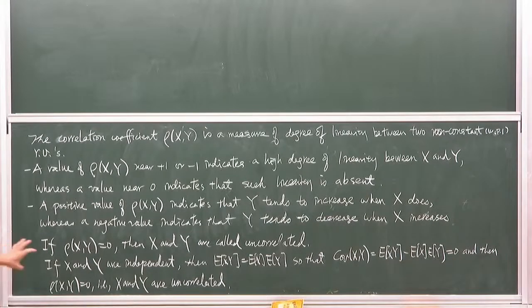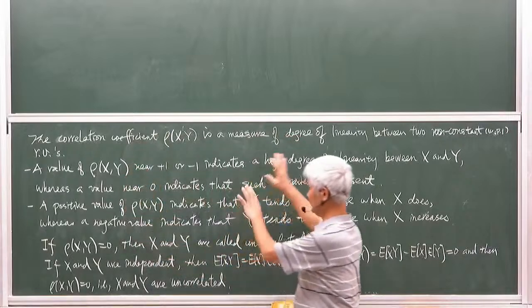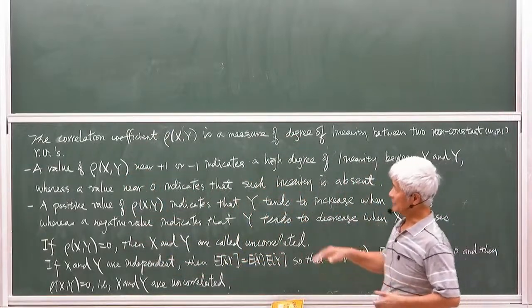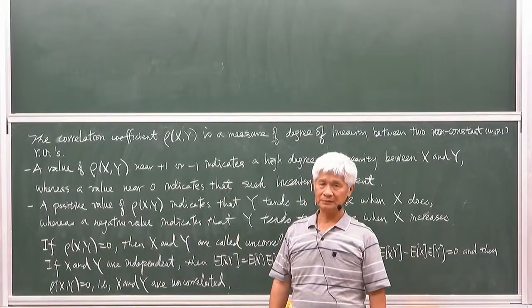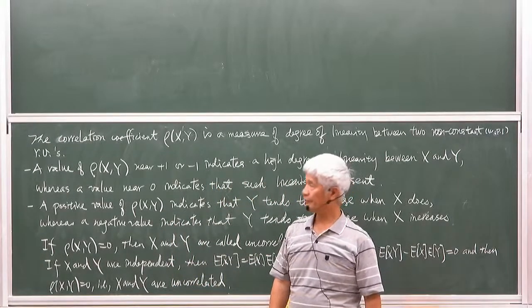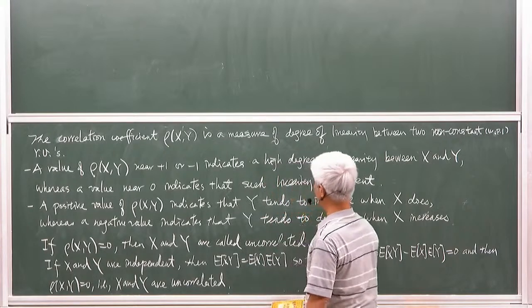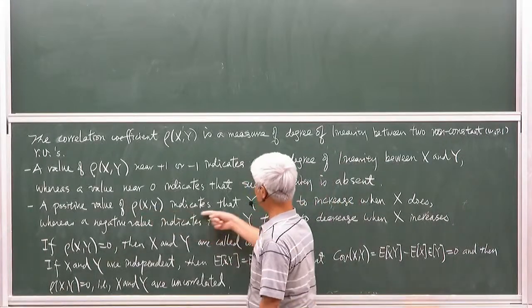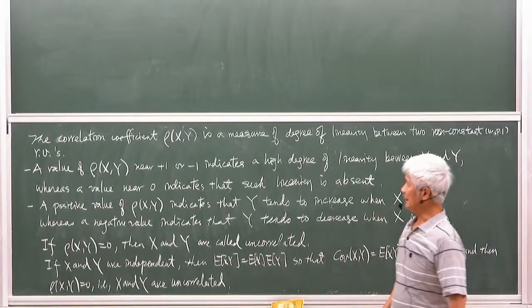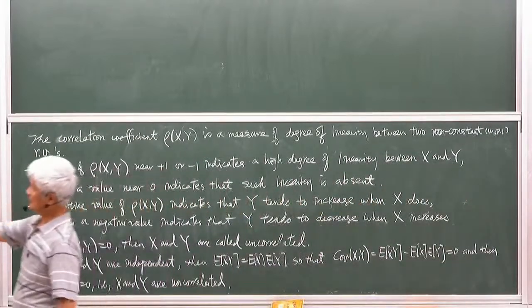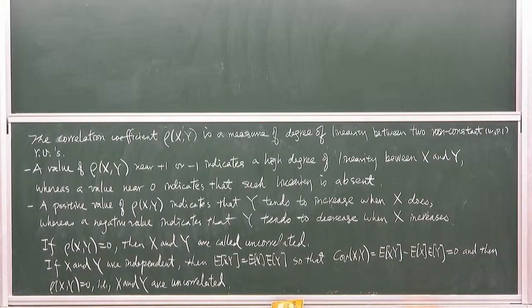So the implication here gives you the picture of how to use the computation of correlation coefficients. A positive value indicates that they tend to move together, so a positive value is good. Whether the positivity is significant or not, you have to use a statistical testing method.